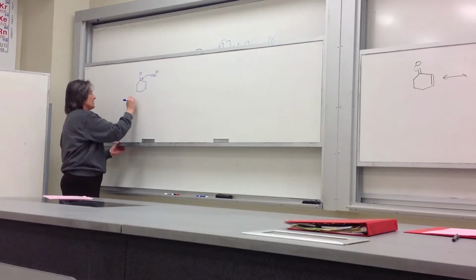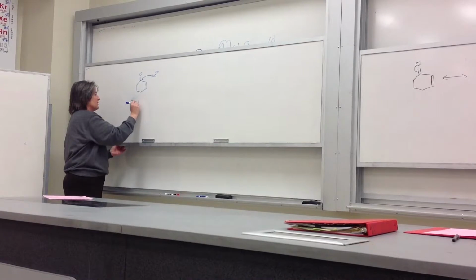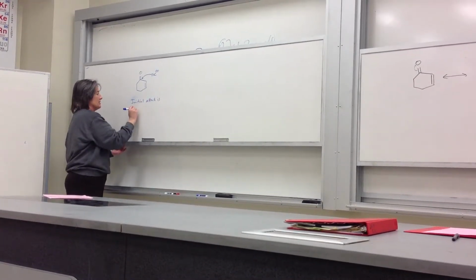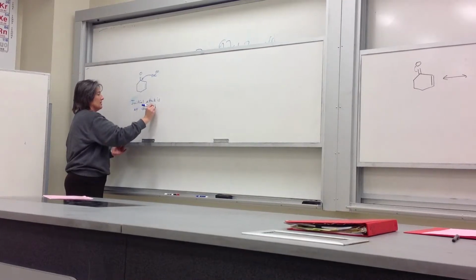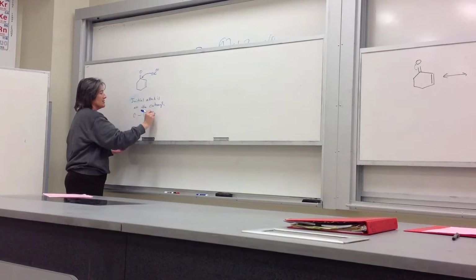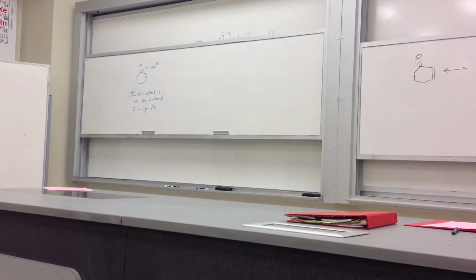So let's put initial. And that's true all the time. The reason for that is it's close to the oxygen, it's got a larger delta plus. So whatever nucleophile you put in goes there first.